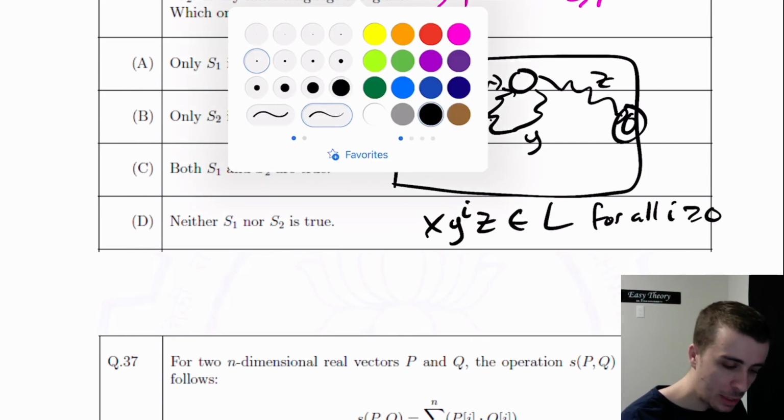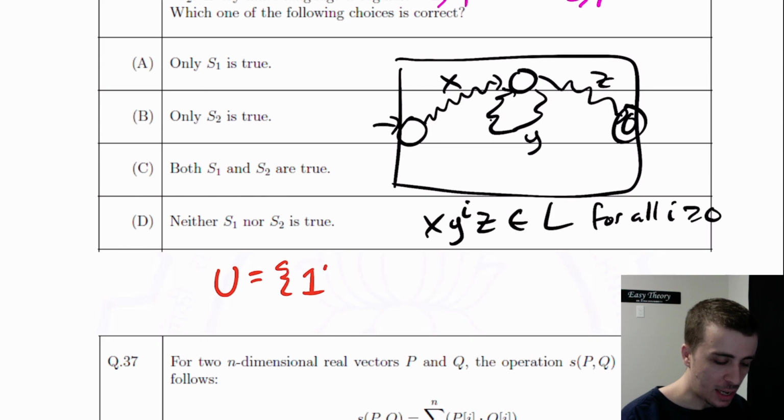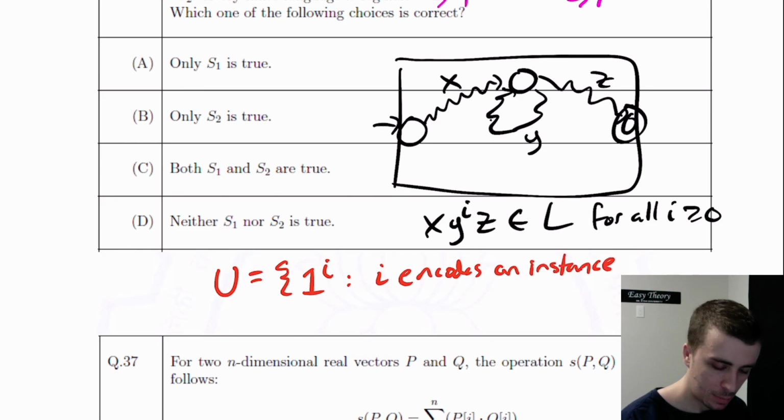So what we are going to do now is look at this language. I'm going to call it U, which is 1 to the i, such that i encodes an instance of ATM.